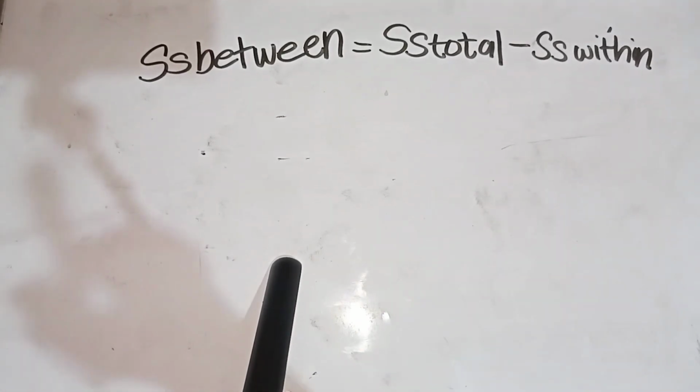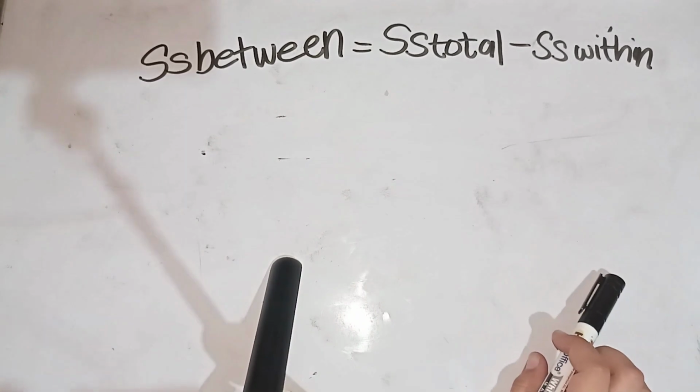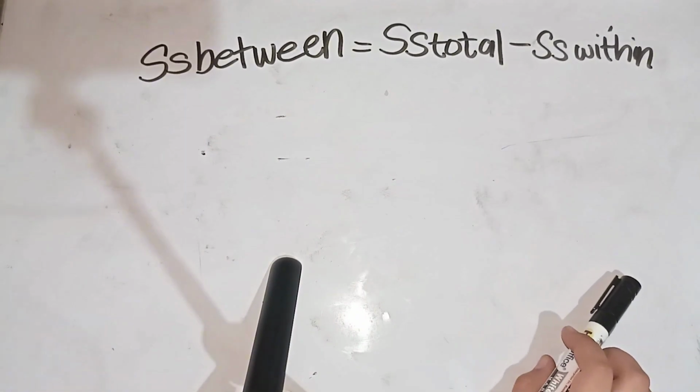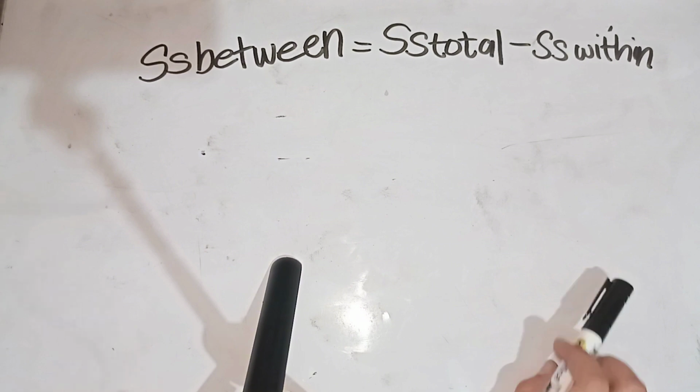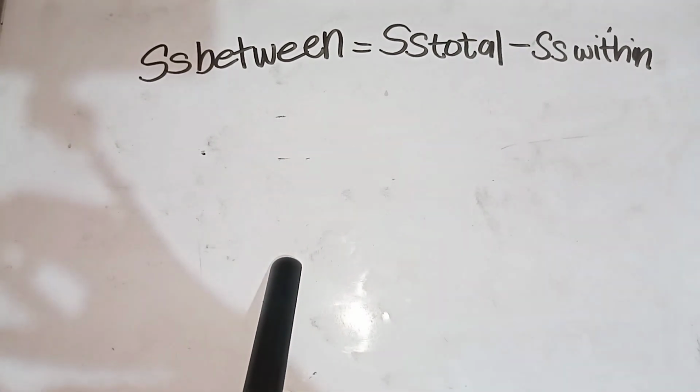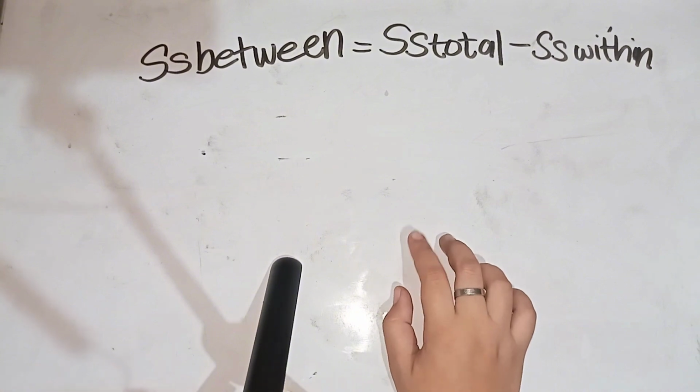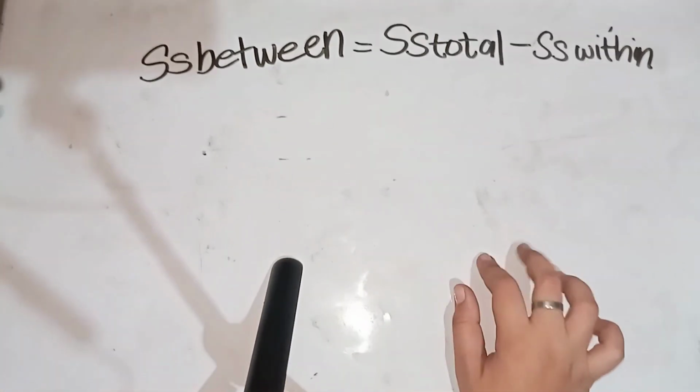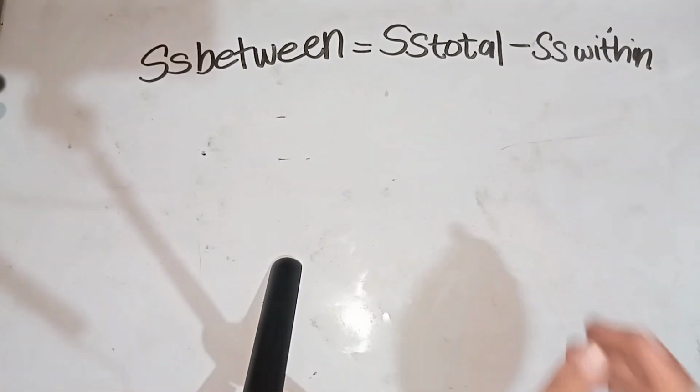So, mao ni ang formula sa pagkuha sa between treatments, kung giunsa pagkuha ang 40.53. Sum of square between equals sum of square total minus sum of square within.